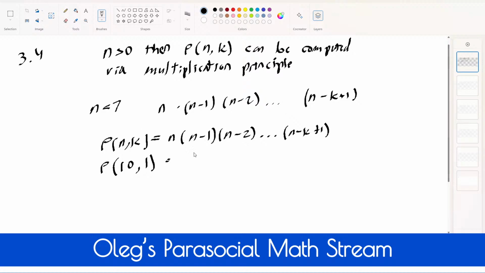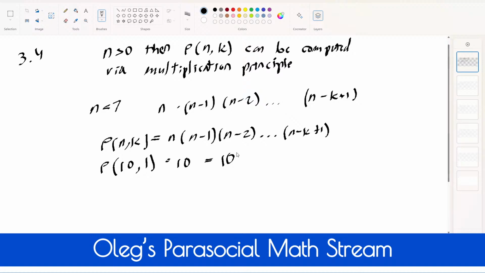We have 10, and then it goes down to, which is equal to, because it has just the 1, it just goes to 10. That's because n minus k plus 1 just gives us the 10.